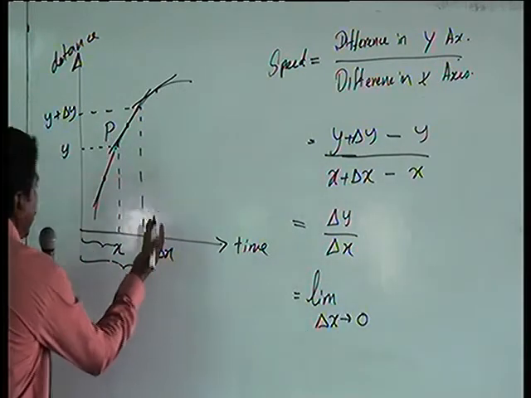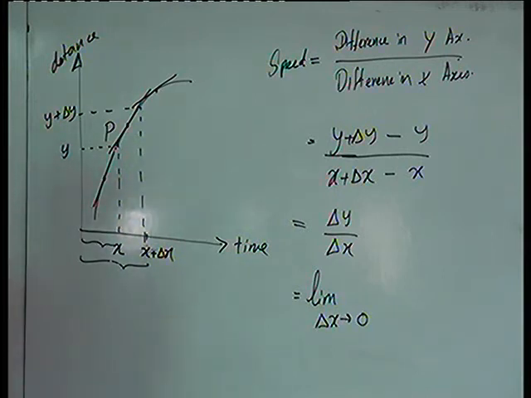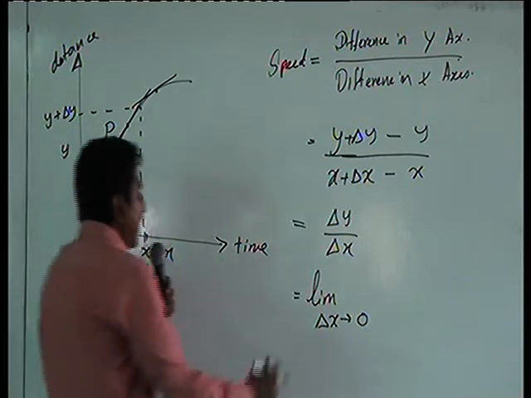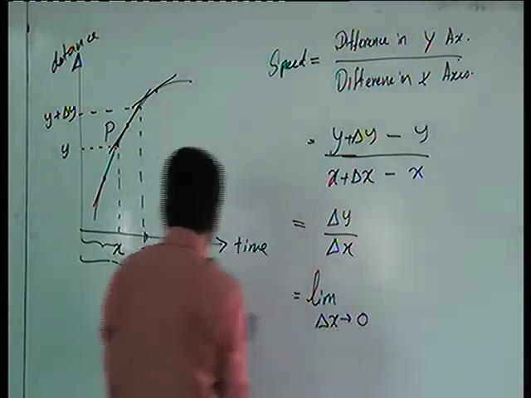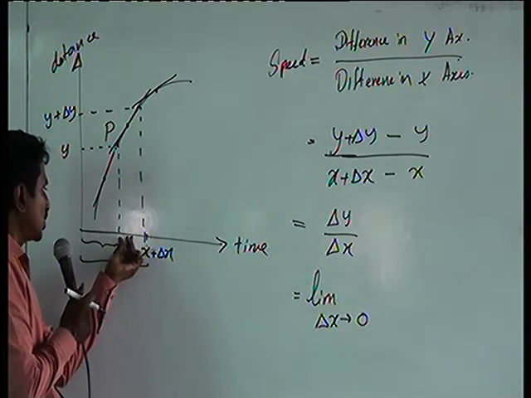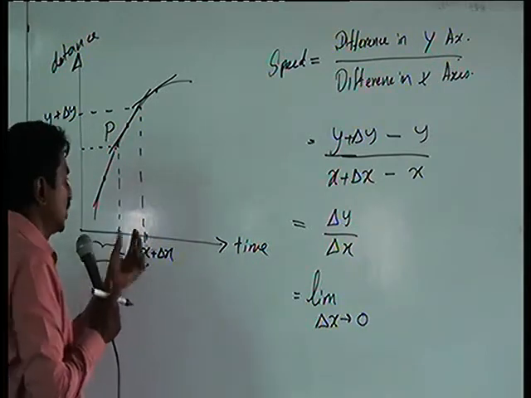We make this point closer, closer, closer to the x value. So when this comes closer, delta x goes to 0. That means the difference is becoming smaller and smaller, and it goes to 0. Not exactly 0, but it goes to 0.